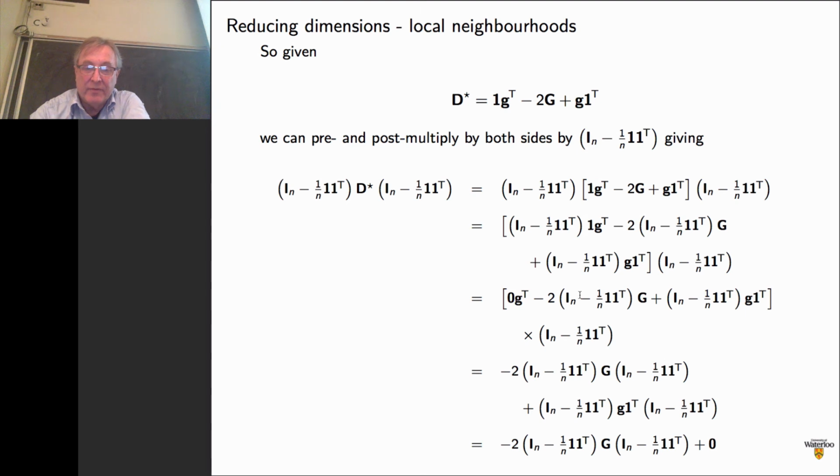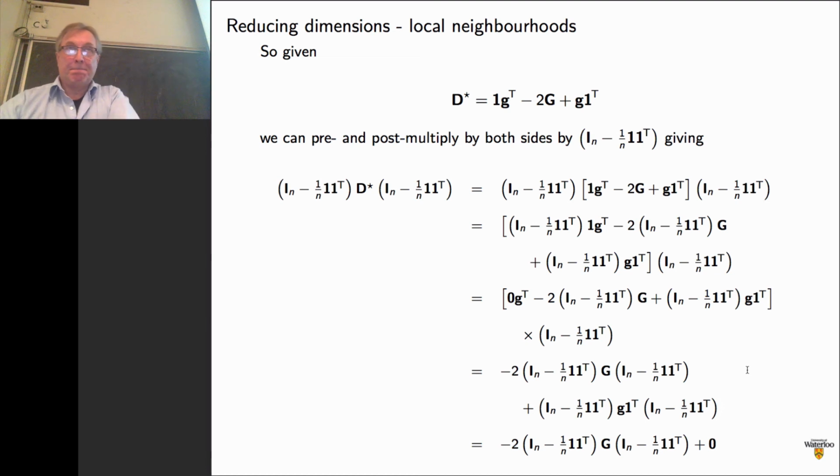And I'm going to have minus twice this times G times the same matrix again, plus G1 transpose. Now I have this piece. Again, I'm projecting the 1 vector onto the space orthogonal to the 1 vector. So that too is 0. Okay?